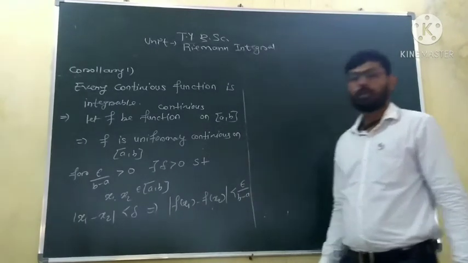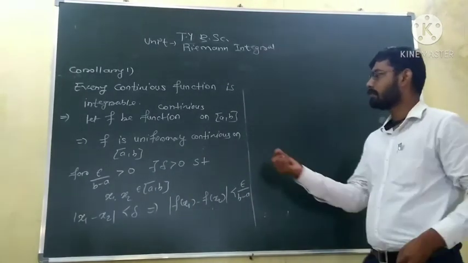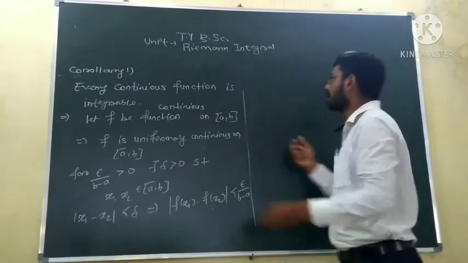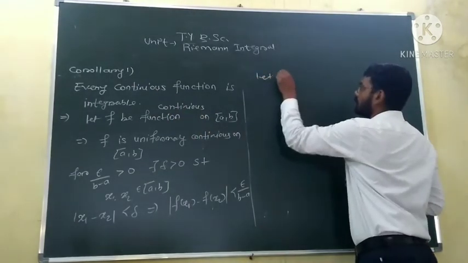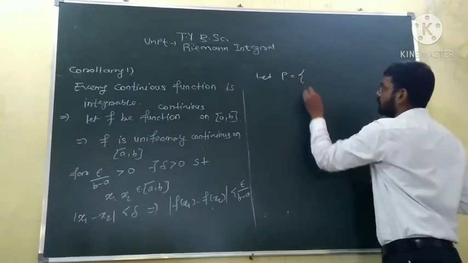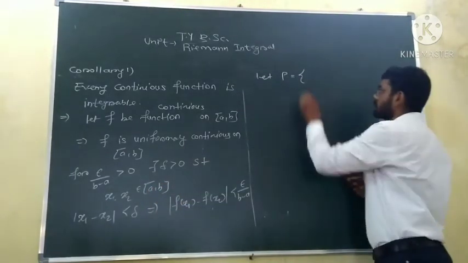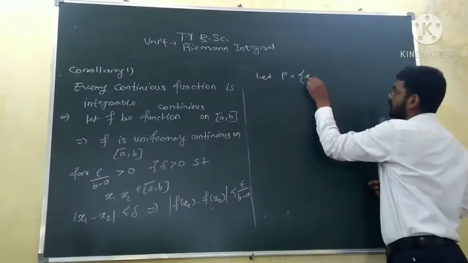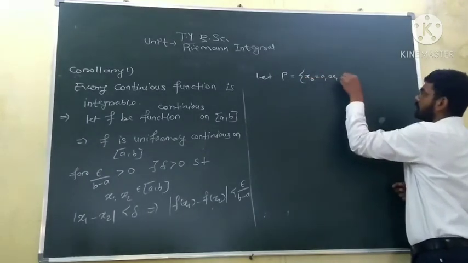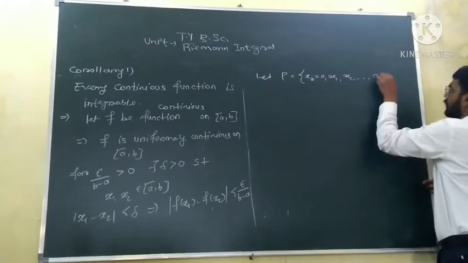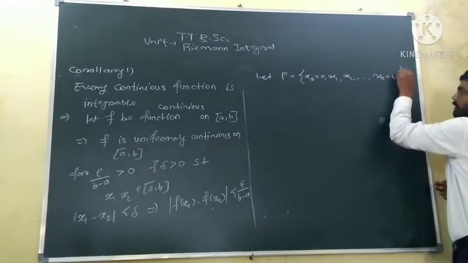So we will take some partition. Let P be the partition starting with the first point a, say x0 equal to a, then x1, then x2, up to xn equal to b.